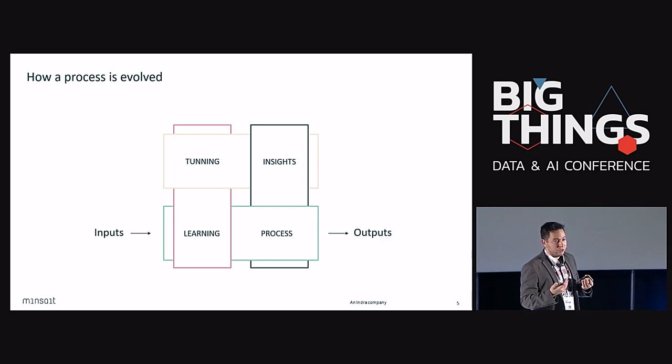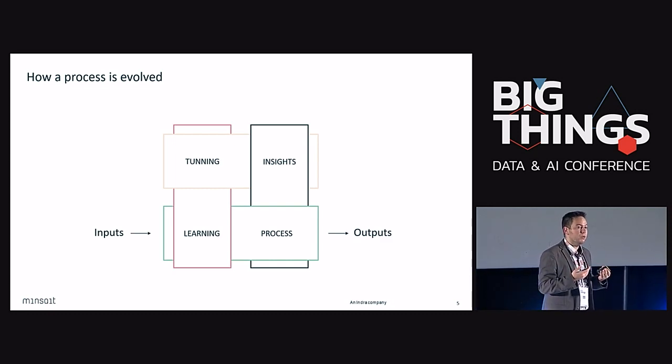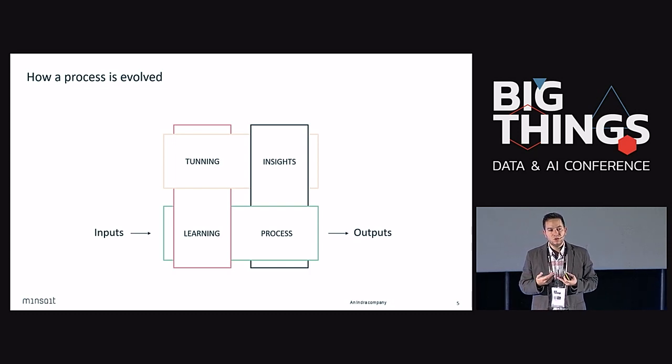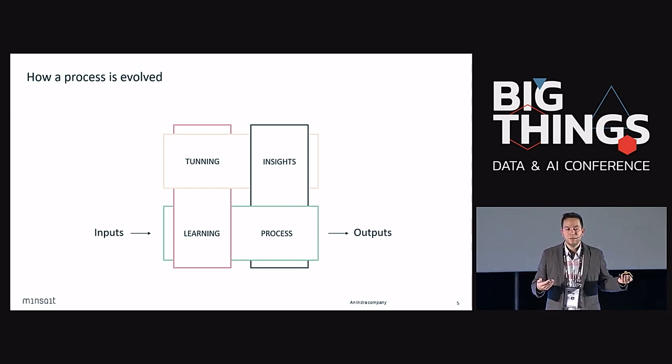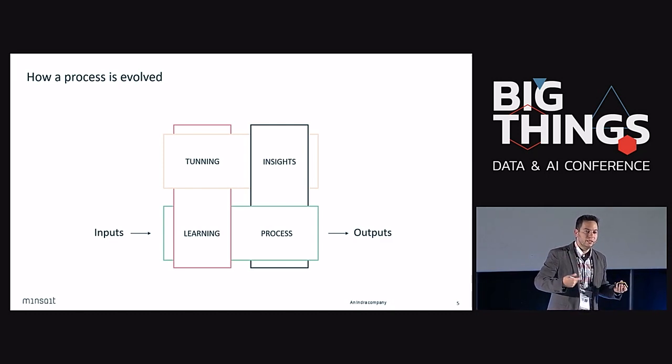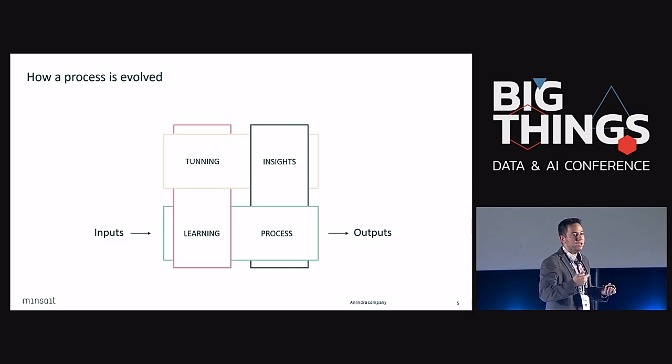That's the main reason, and we have to keep it in mind when we talk about automating anything with machine learning. We do that because we want to improve our process. So we need insights. Once we get the insights, we can apply machine learning in order to tune the process and to keep tuning it by learning from any modification.